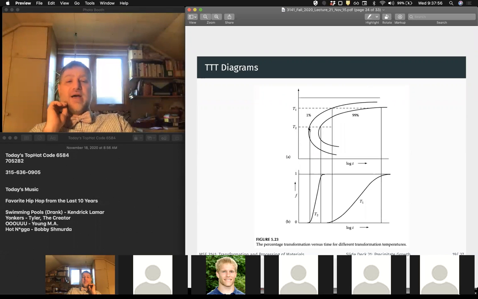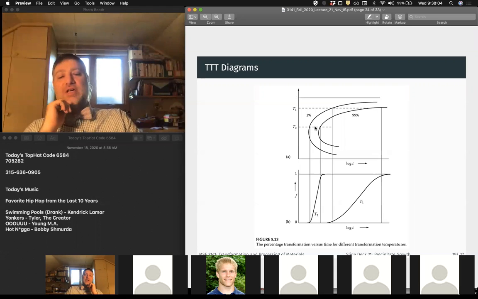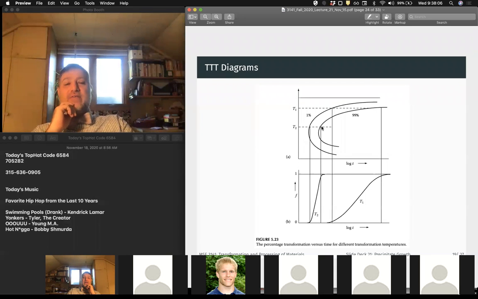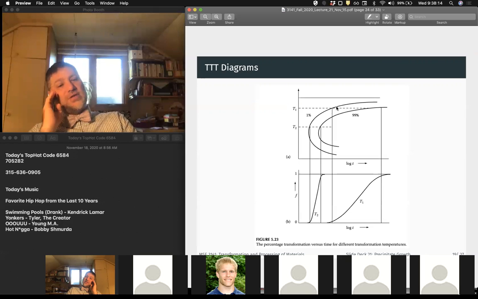So I know if I hold for this amount of time, my transformation is going to be 1% complete. And if I keep holding it by this time, it will be complete.